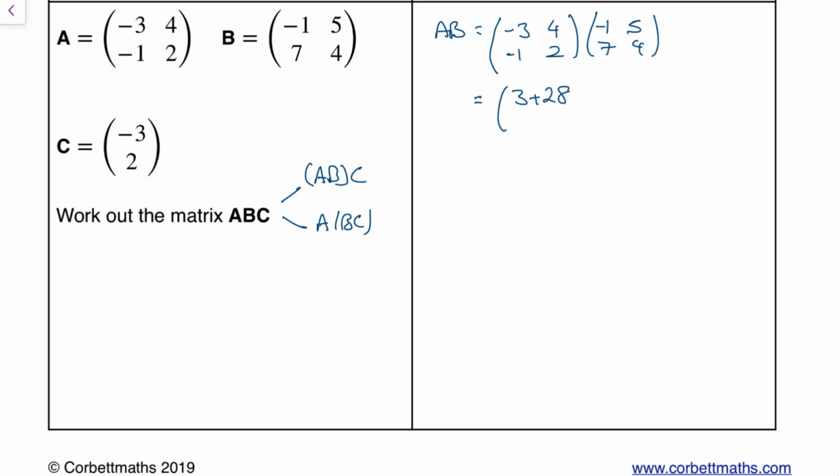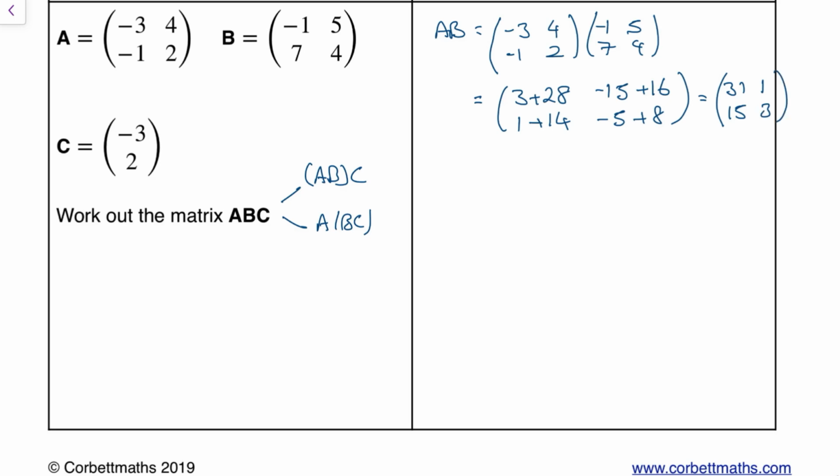Bottom row left column, so 1 plus 14. Top row right column, so minus 15 plus 16. Minus 1 times 5 is minus 5 plus 8. And let's bring all of that together and I get 31, 1, 15 and 3.